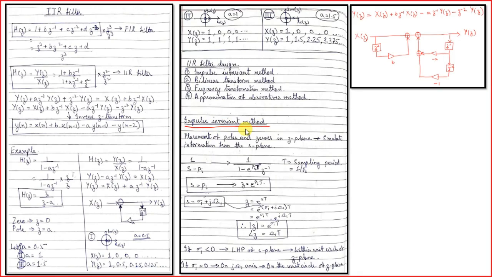In the impulse invariant method, we have seen that if we are having distinct poles, then we use this transformation for converting the analog transfer function to digital transfer function, right?